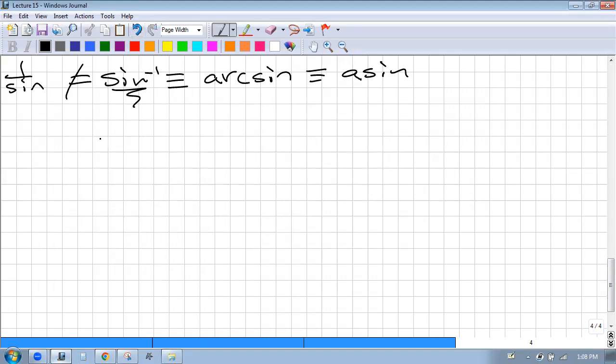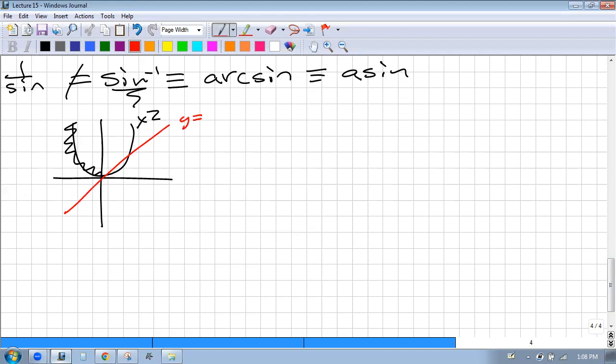The other thing, so think about this. Remember x squared does not pass the horizontal line test. It is not invertible, right? But if we throw that away, then this dude is invertible here. And to get an inverse, right, the graph, if you flip over the line y equals x, that's switching your x's for y's, your y's for x's.